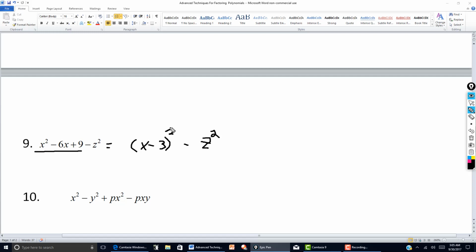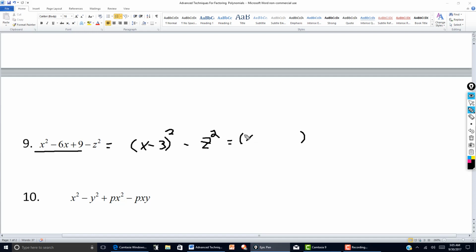Look at that as a difference of 2 terms. The first term is x minus 3, squared, and the next one is z, squared. So it's a difference of squares. Using the formula for difference of squares, that should factor into the difference and the sum of the roots.